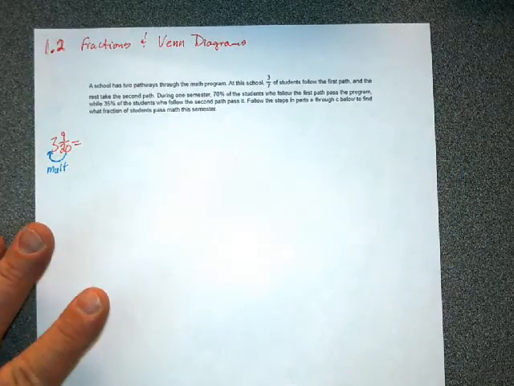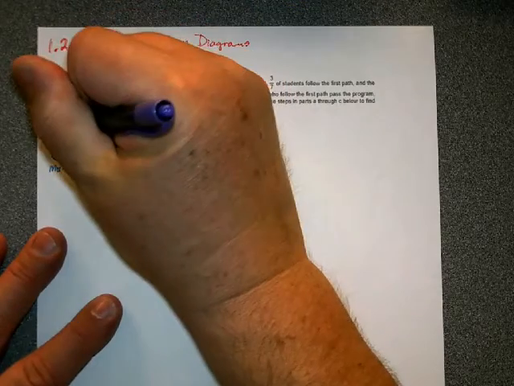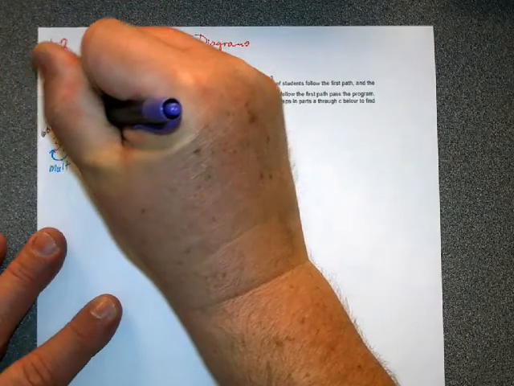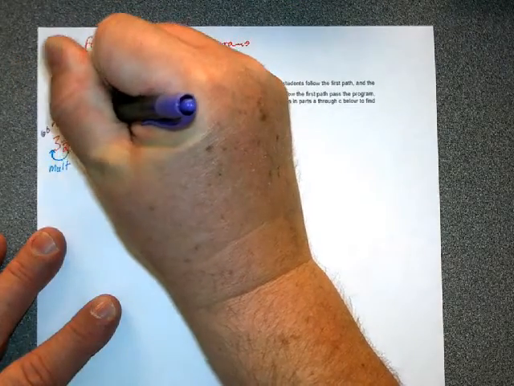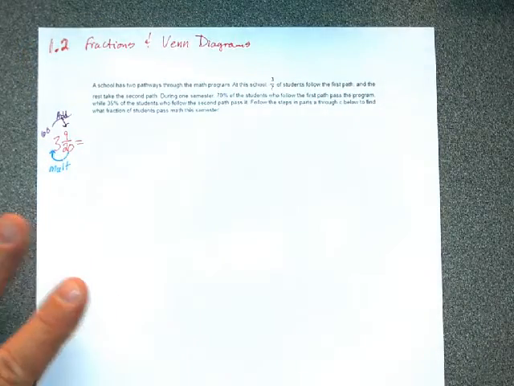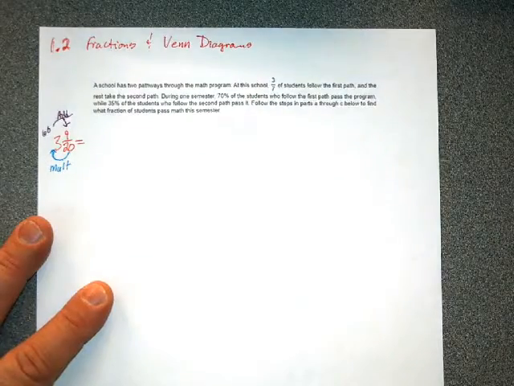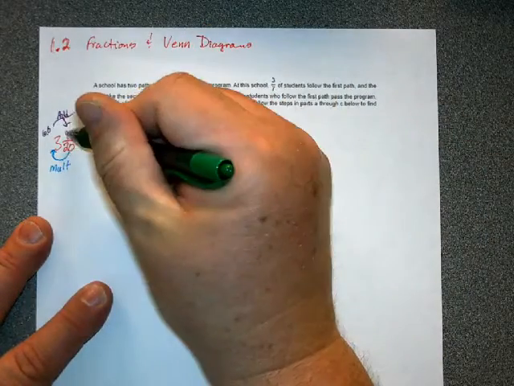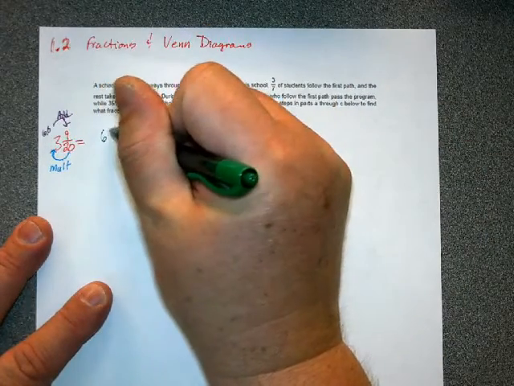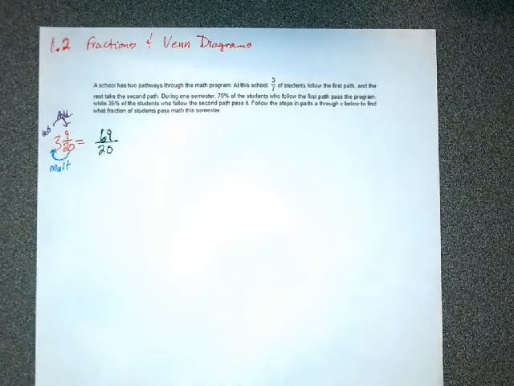Then you add 9. So you get the fraction 69 over 20.